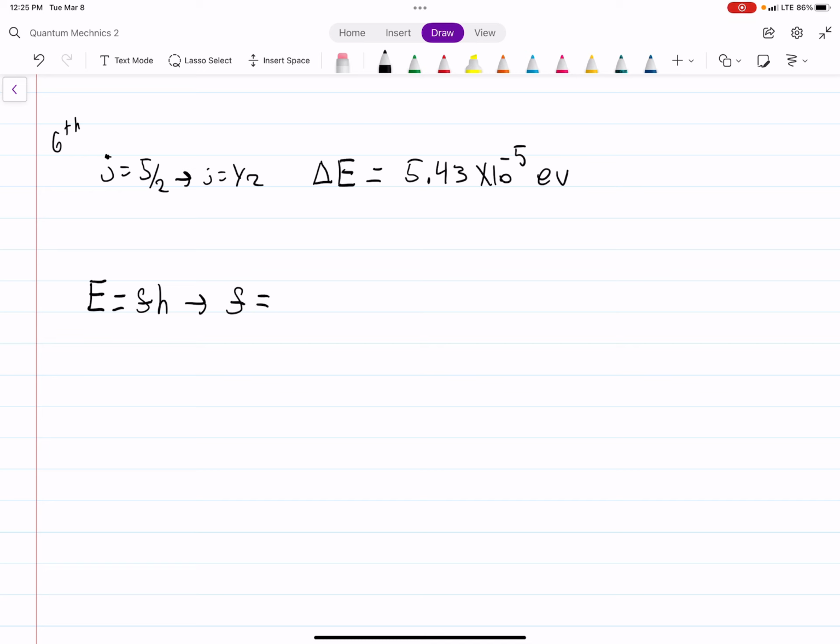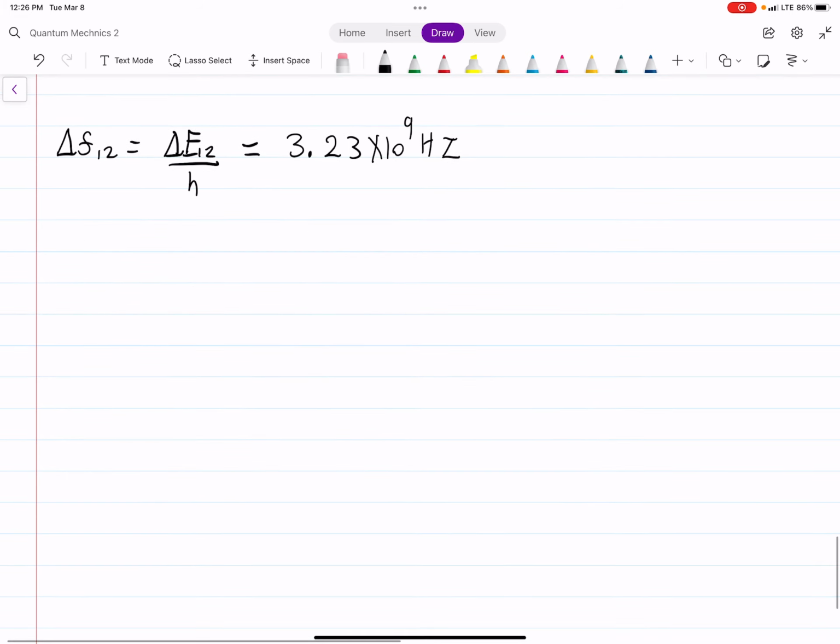So just solving for that, frequency equals E over H. If you want to find the change in frequency from 1 to 2, that's the change in energy from 1 to 2 over H, which is 3.23 times 10 to the 9th hertz if you plug that in. And you can do the same thing, now 2 to 3. If you plug that in, you'll get these different values.